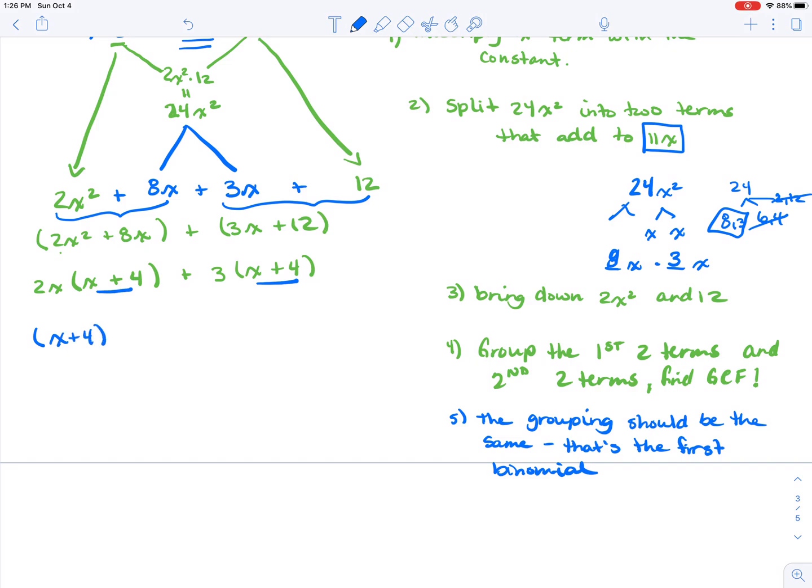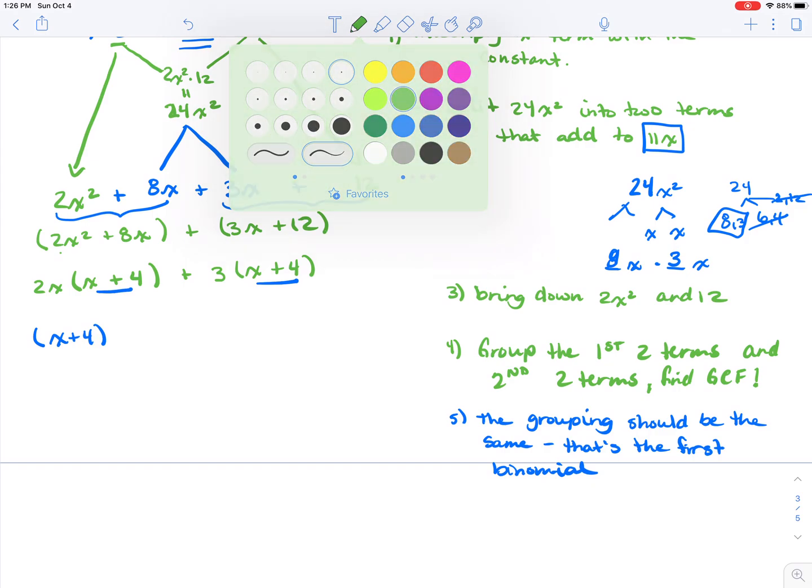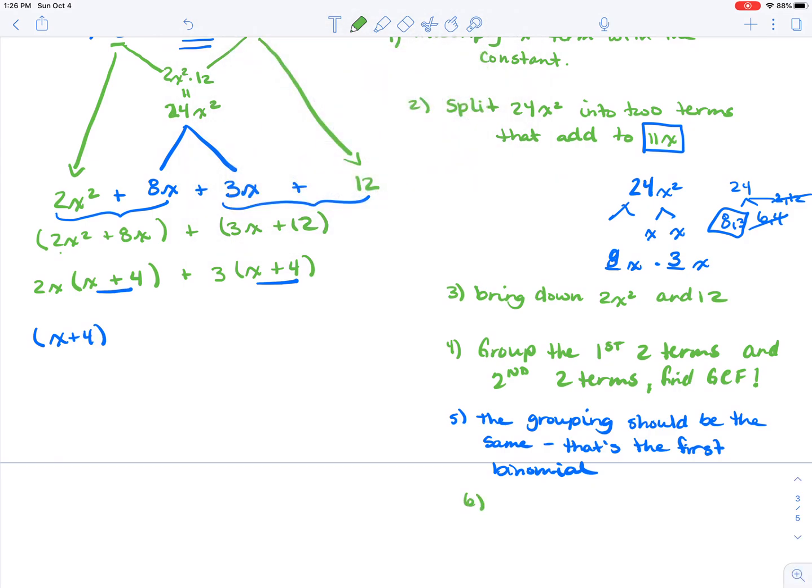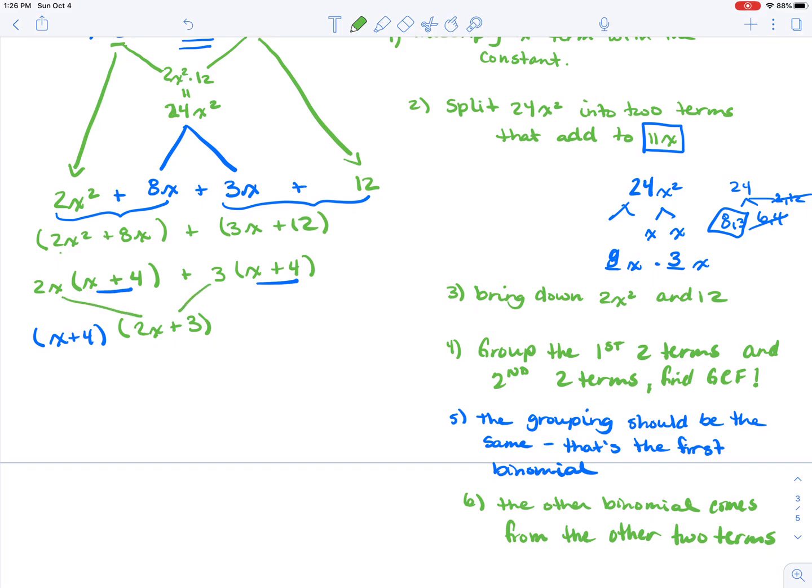That is the same. That leaves me with the other binomial, and it comes from the other two terms. And that is 2x plus 3. So there's my 2x and my 3.